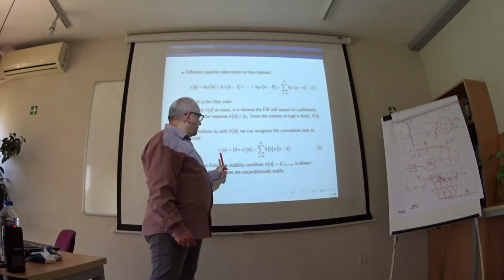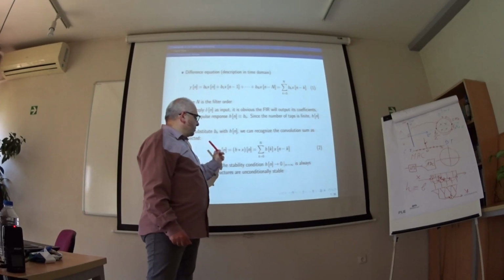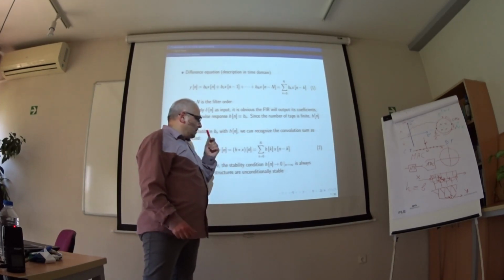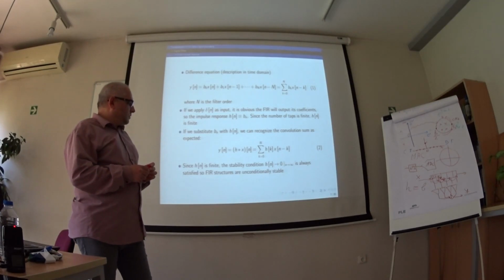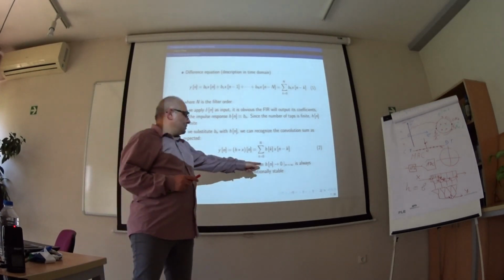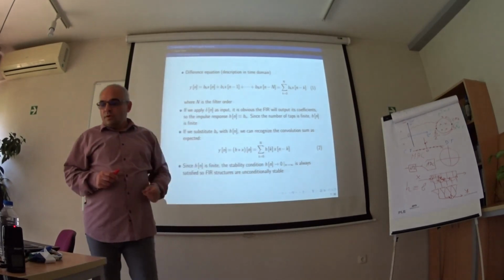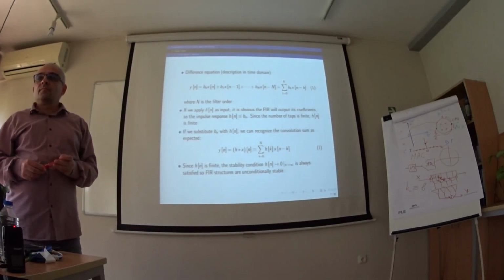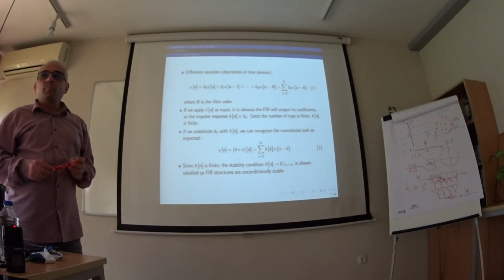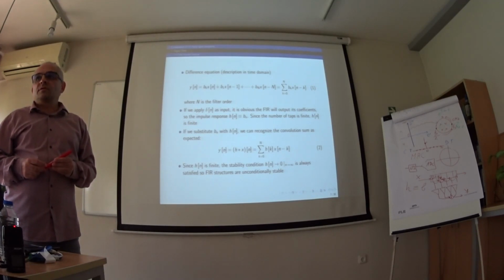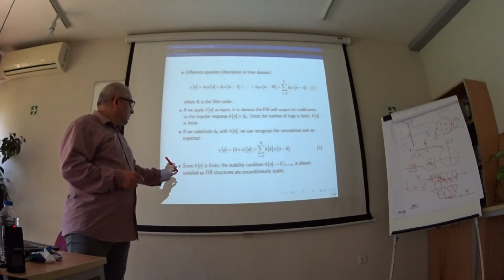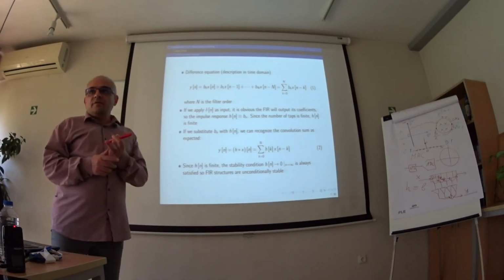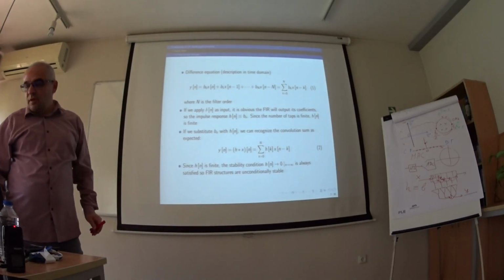But because this impulse response is not infinite, this is always true. So the second very unique property of FIR structures is that they are always stable. We don't have to investigate their stability. Very, very good property. Linear phase and unconditional stability.